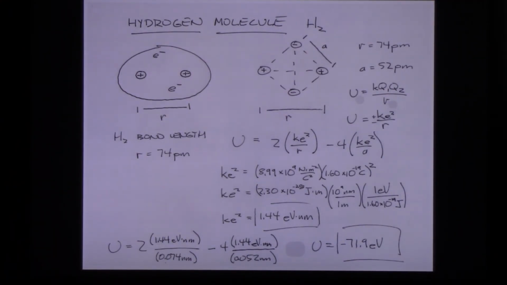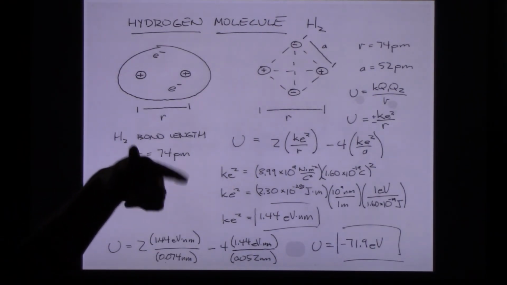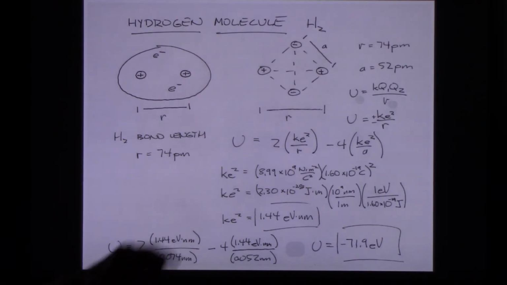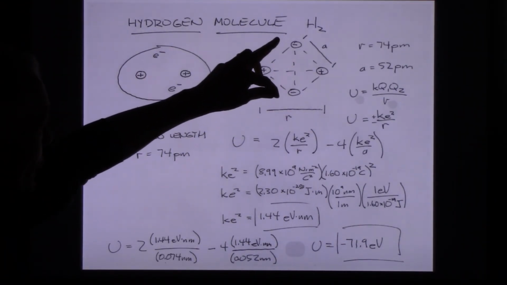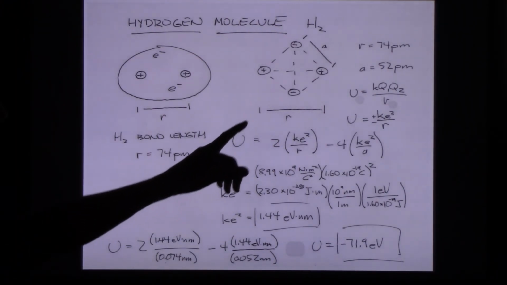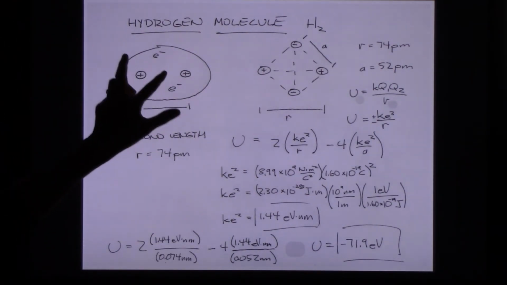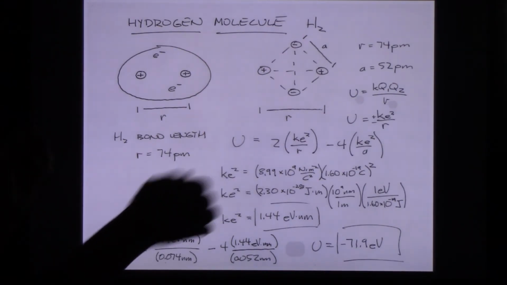And then I said, okay, let's try out this potential energy formula, the one we saw a few slides back. Let's put in 2 protons and 2 electrons. How many interactions do we have? We've got 2 repulsions. The 2 nuclei are repelling each other.